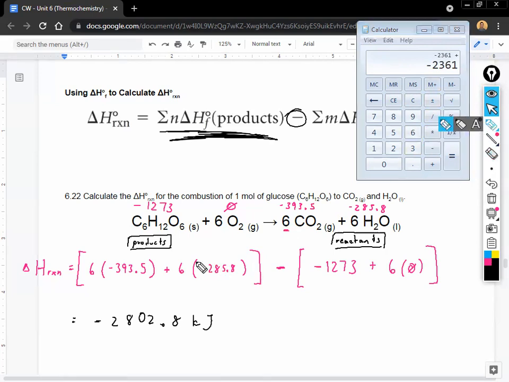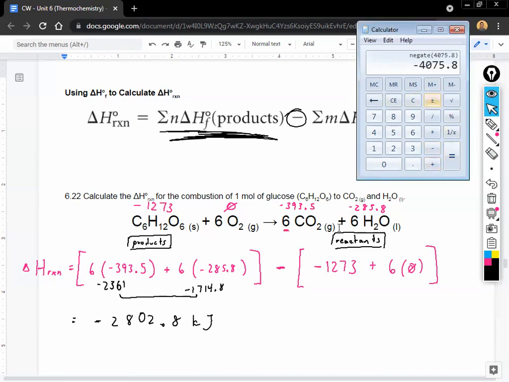So let me actually write that down. This value right here is going to be negative 2361. And then for this one, you're going to do 6 times 285.8, and it has to be negative, so it will be negative 1714.8.